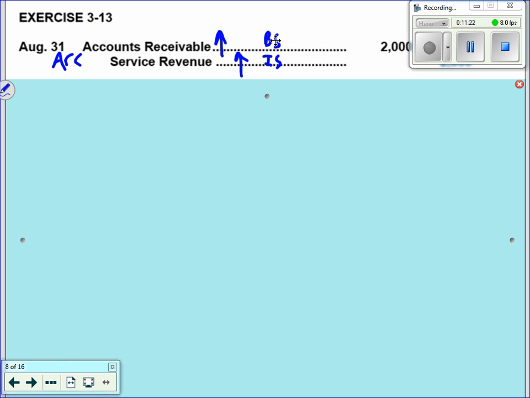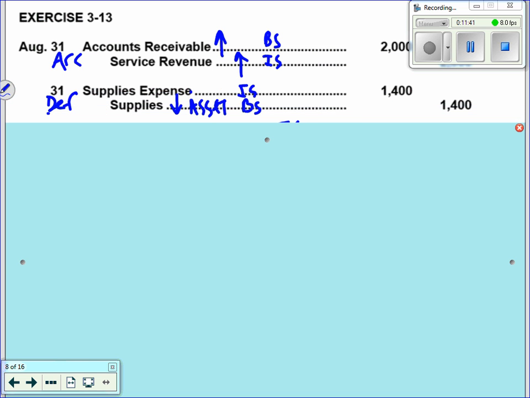Okay, our next one, supplies and supplies expense. I want you to all of a sudden feel like this isn't so hard. Maybe you like it in this format better. Maybe it's a light bulb day. Some of your light bulbs are going to be like, bam, I get it all of a sudden.